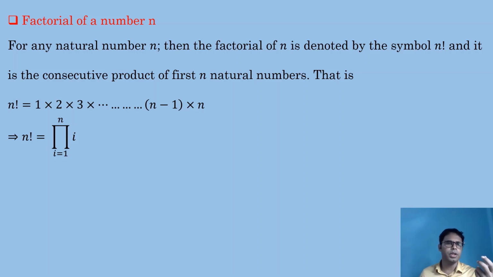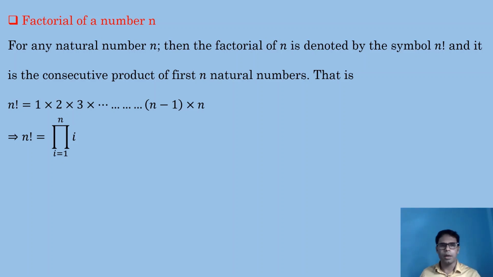Actually 0 is not a natural number, but as per the definition of factorial, the number should be a natural number. Though 0 is not a natural number, it has a value. It is just one and only one exception for factorial. 0 is not a natural number, but the value of factorial 0 is quite possible.